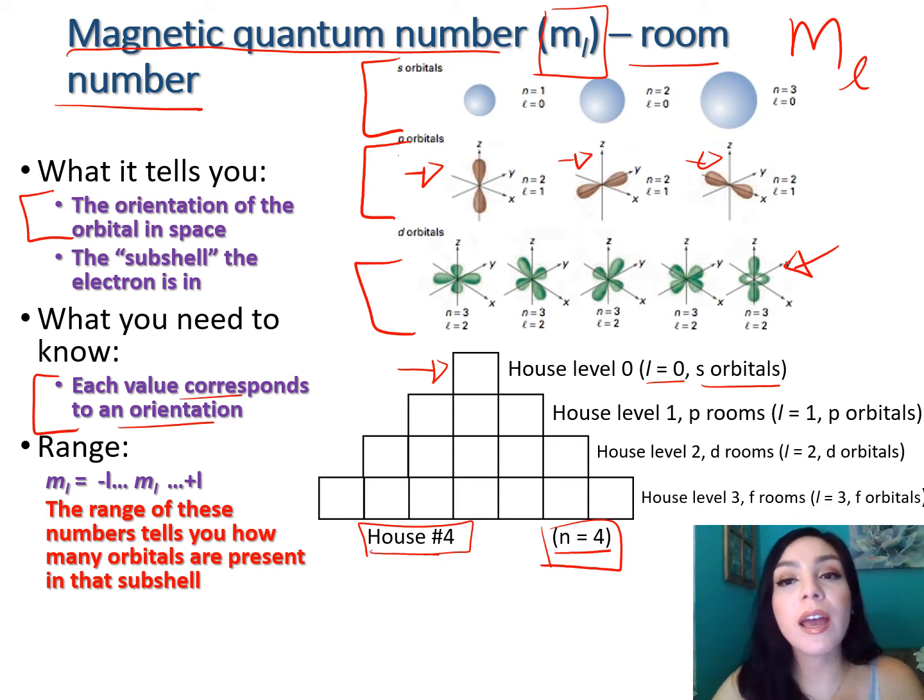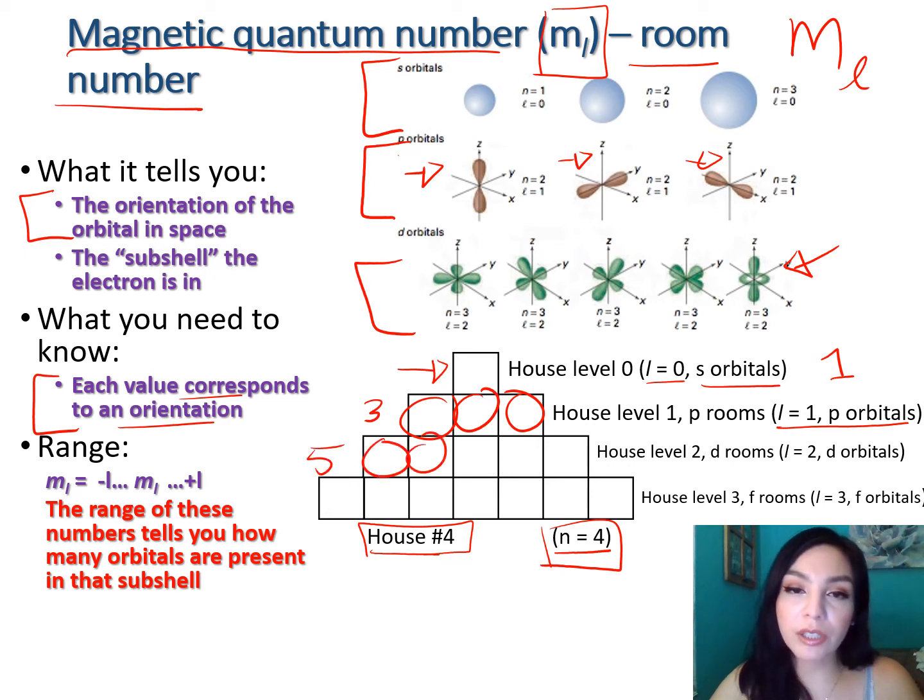So within l equals 0, there is only 1 orbital, 1 orientation. Within l equals 1, which corresponds to p orbitals, there are 3 different orientations, 3 different rooms. Within l equals 2, there are 5 different orientations, 5 rooms. And then for f orbitals, there's 7.